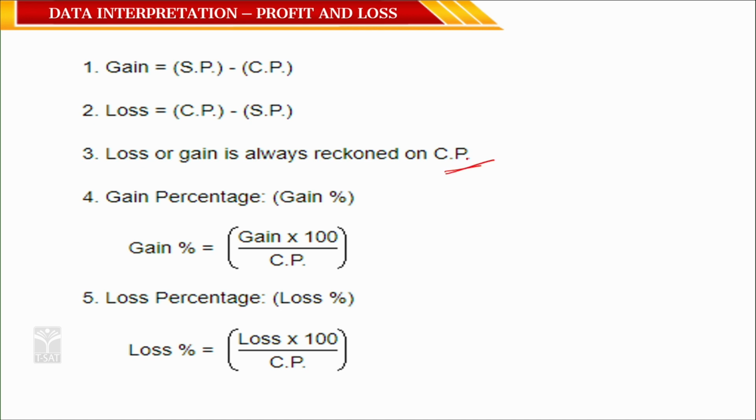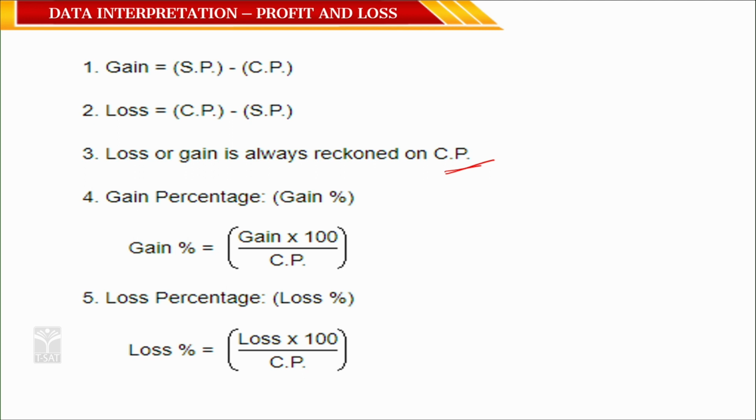Just now you have already seen, correct, with respect to cost price: if cost price is less than the selling price, then gain. If the cost price is more than the selling price, then it is loss. So you can describe either gain or loss with respect to cost price.